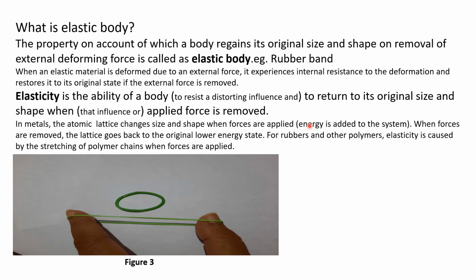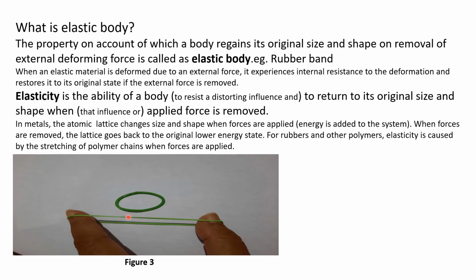Now what is an elastic body? The property on account of which the body regains its original size and shape on the removal of the external deforming force is called elasticity, and such a body is called an elastic body. For example, a rubber band. Now this is the original size and shape of the rubber band. If I apply a pulling force from here and one from here, and I stretch the rubber, then its dimension changes.